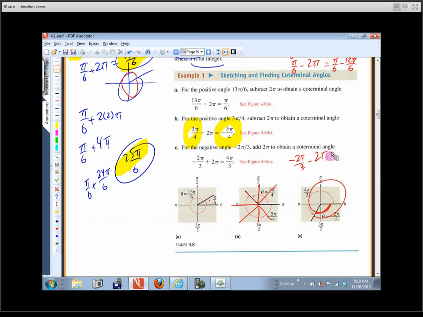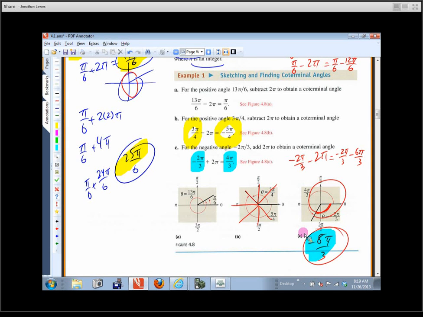Putting those together, this is going to be negative 2 pi/3 minus 6 pi/3, so that would be negative 8 pi/3. So this one and this one are all coterminal angles. Two of them happen to be negative, one of them happens to be positive. They ask you to do a couple things like that on the assignment.